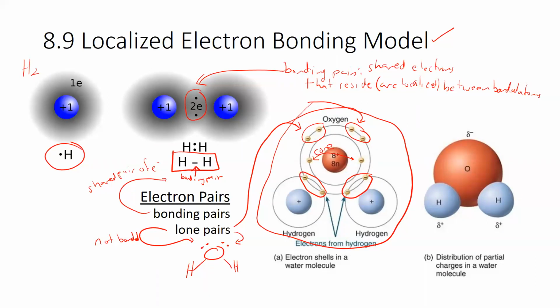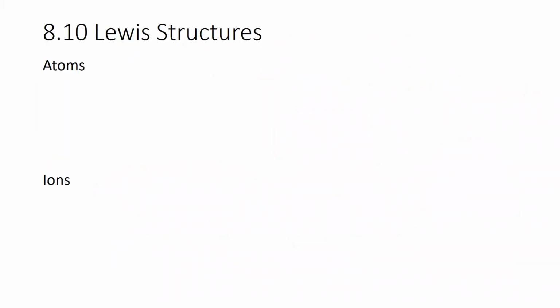Okay. So this localized electron bonding model is what we're going to use as we start to get into Lewis structures. Okay. So a couple of things in Lewis structures before we start to draw them all out. So Lewis structures are a way of depicting molecules and atoms for that matter. What we're going to depict is, first and foremost, we're going to depict using the atomic symbol.